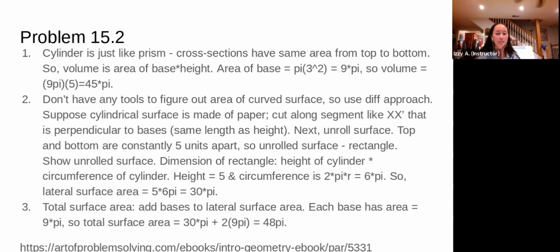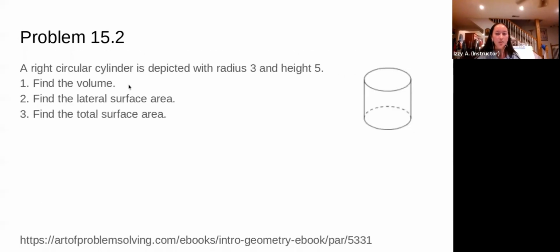But what you would basically do is imagine that you have the cylinder in front of you. You can unroll the cylinder. You would have the top circular part and the bottom circular part, like flaps, and then the rolled out circular face. And that would actually end up being a rectangle.